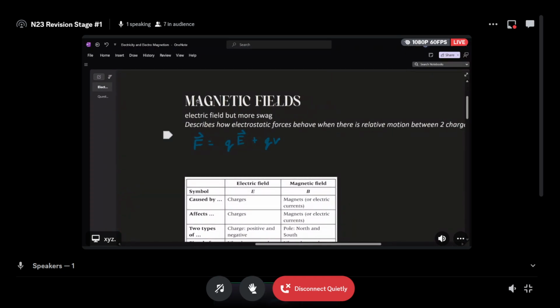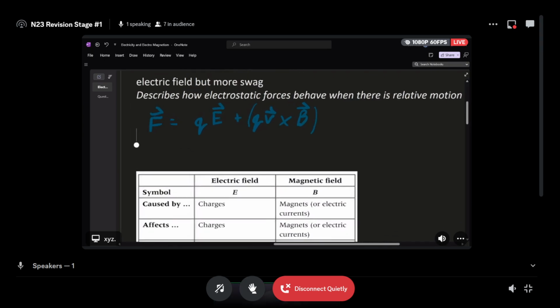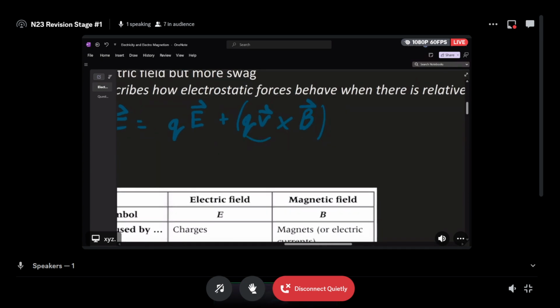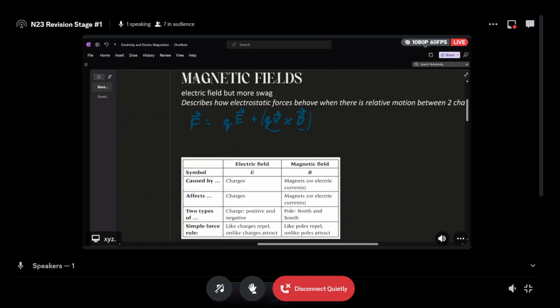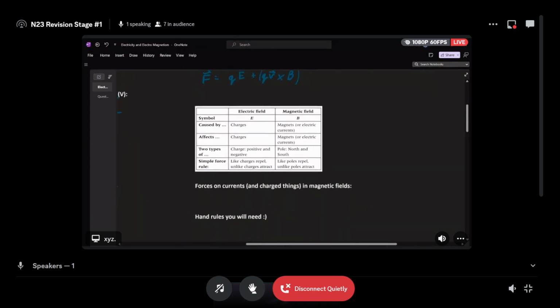The second component is this, which honestly in IB physics you don't even worry about, but it's the cross product of velocity and the magnetic field, and that describes the force experienced by a charged particle in an electromagnetic field. Pretty cool.